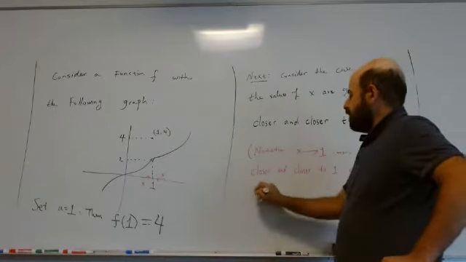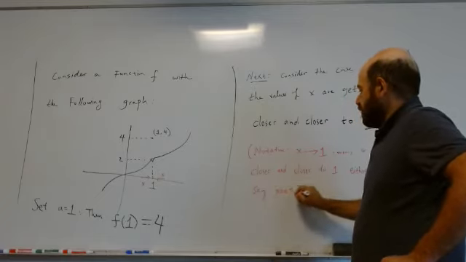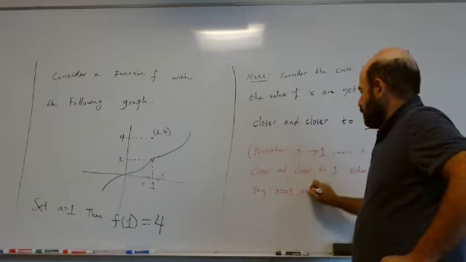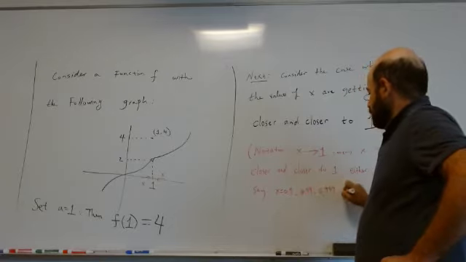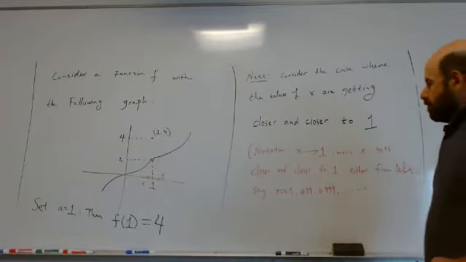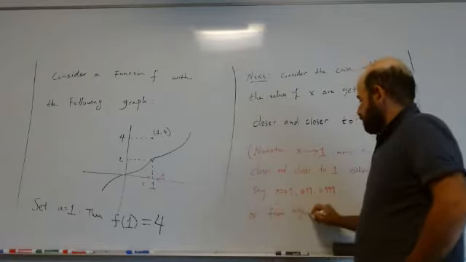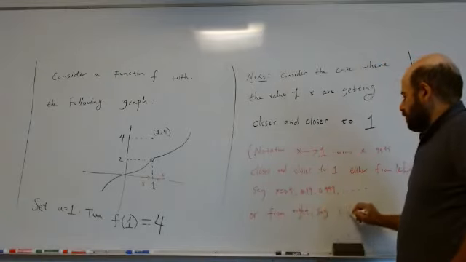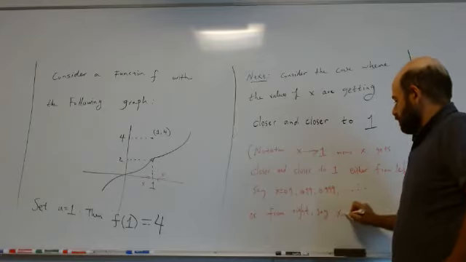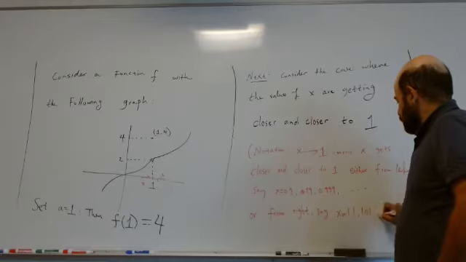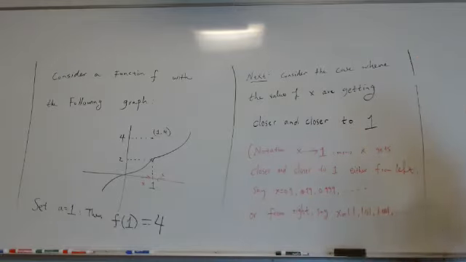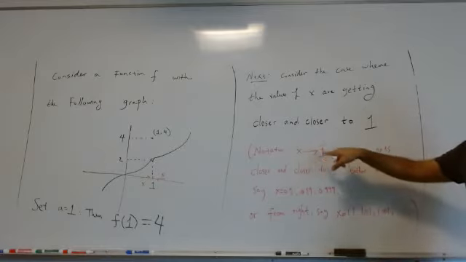So from left means, for example, it could be 0.9 or 0.99 or 0.999, etc. Or from right, say x equals 1.1 or 1.01 or 1.001, etc. Okay, so x gets closer and closer to 1 from either left or from right.